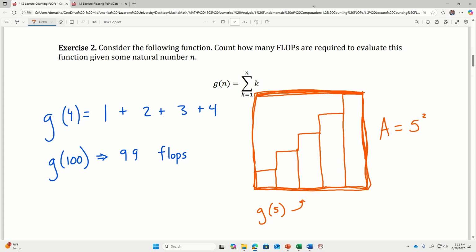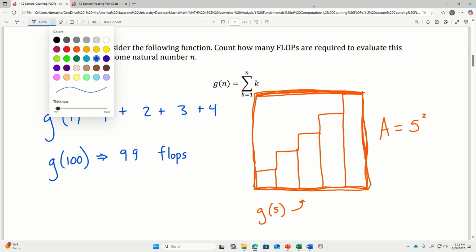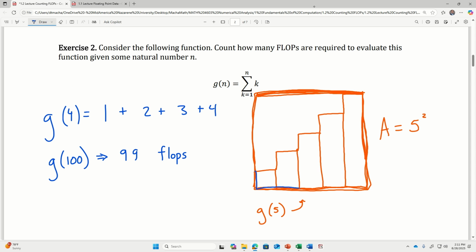And now if I want to know what's the area of the staircase, in other words, what is g of 5? One thing I can do is start off by calculating half of this square, the triangle, slicing it from corner to corner.